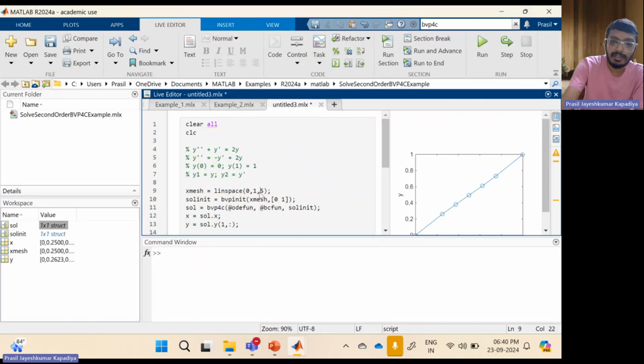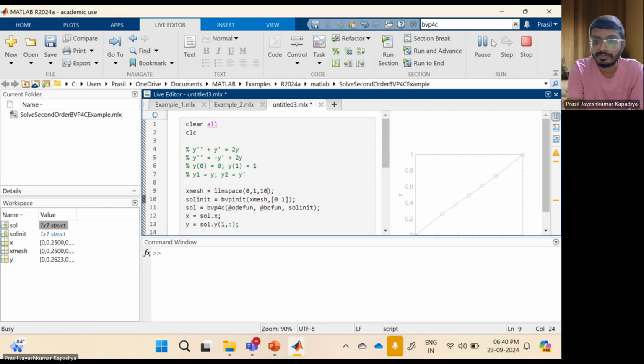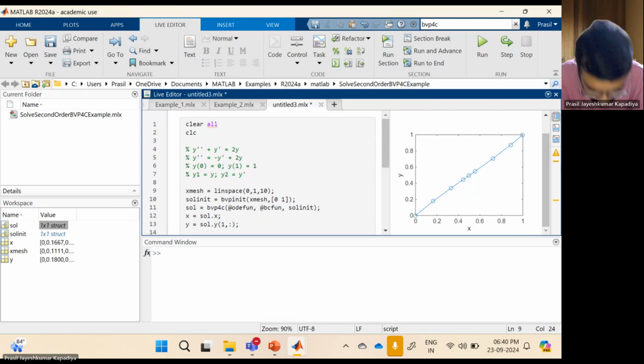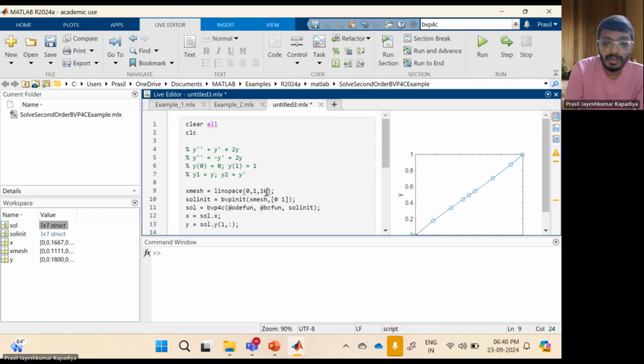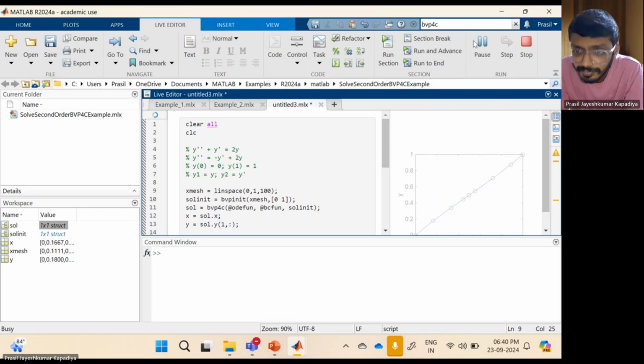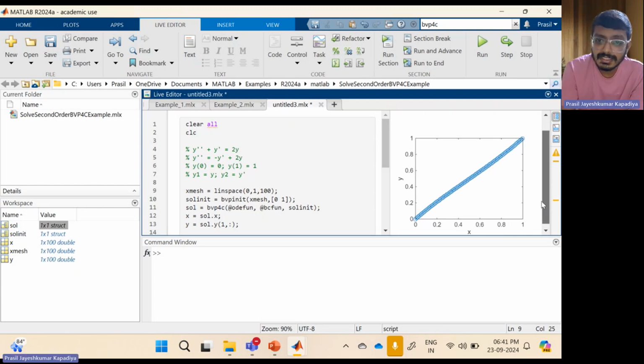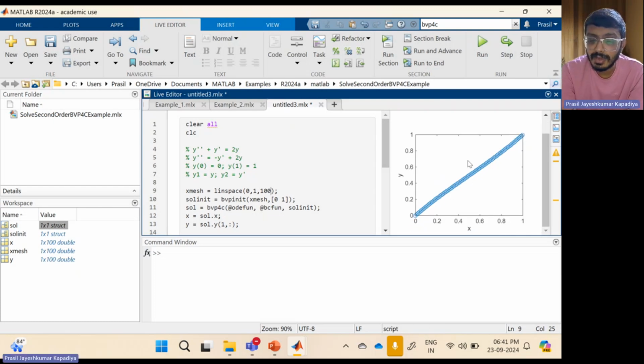So if I increase my points, instead of 5, let's say I'm doing 10, it's not going to change the nature, obviously. If I do 100, if you see there is a very slight curvature somewhere in between.